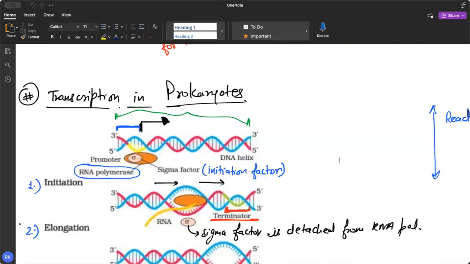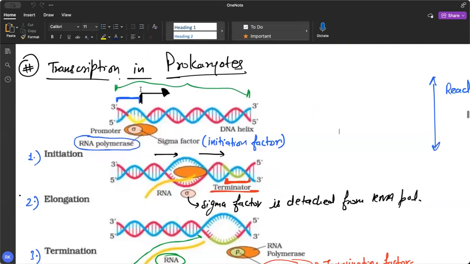Okay, that's why in case of prokaryotes, because there is no split gene arrangement, there are no introns and exons, everything is exons only. So if everything is water, you will not call it water and something else which is not present. You will just call it water. So here everything is exon. So when transcription happens, you don't need to remove anything from the resultant mRNA.